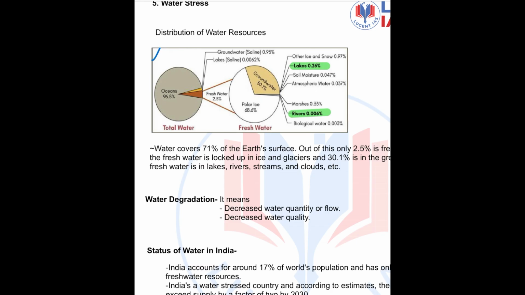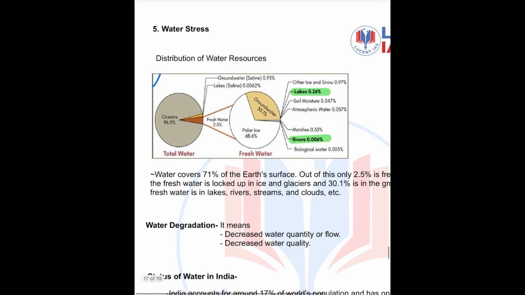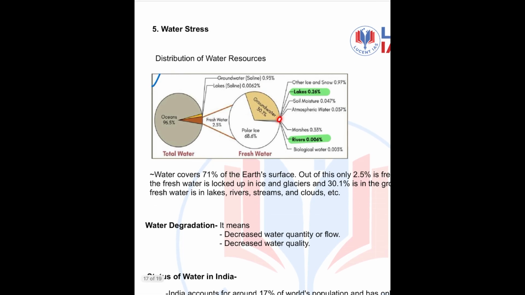Clear? Then of the remaining, we have other ice and snow 0.97%, lakes 0.26%, soil moisture 0.04%, atmospheric water 0.037%, marshes 0.33%, rivers 0.006% and biological water 0.003%.